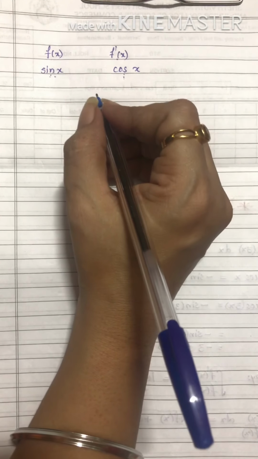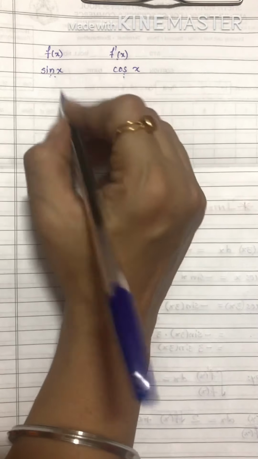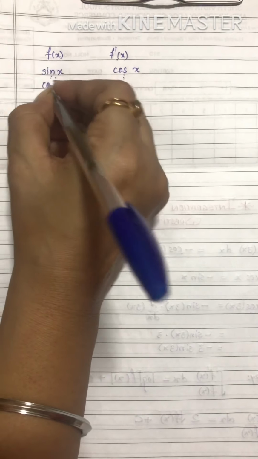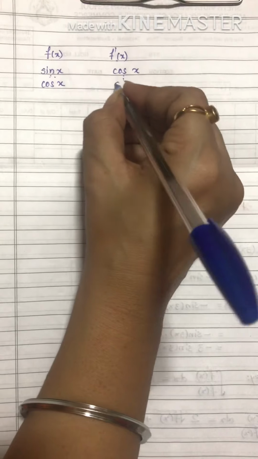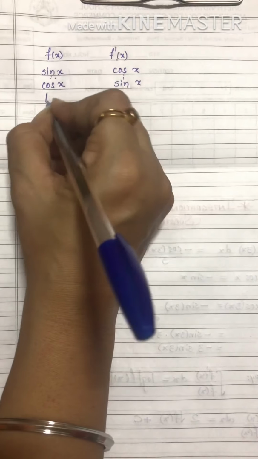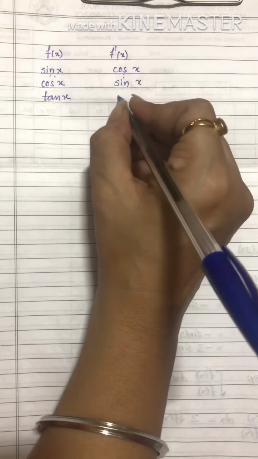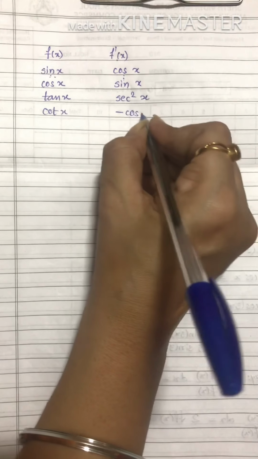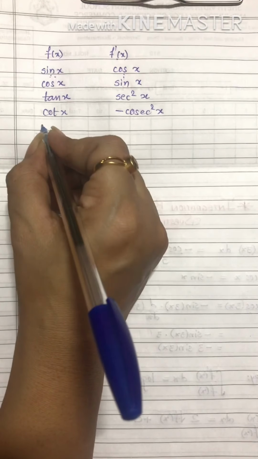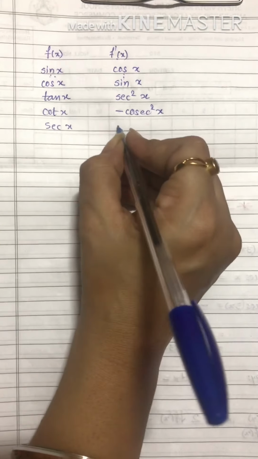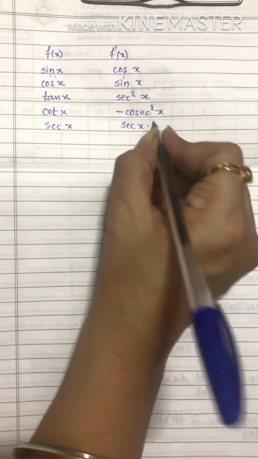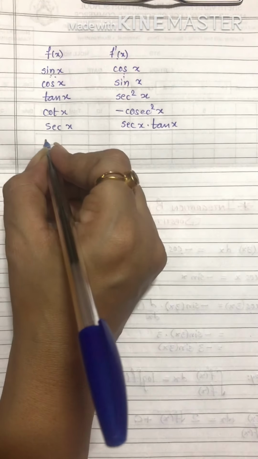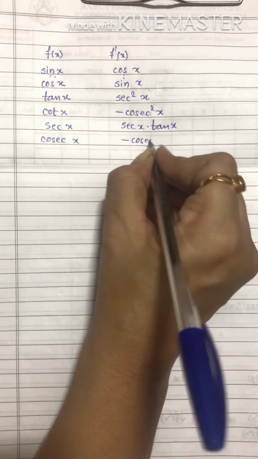Let's see what I want to explain here, and you will understand. d by dx of cos x is minus sin x, d by dx of tan x is sec square x, d by dx of cot x is minus cosec square x, then d by dx of sec x is sec x into tan x, and d by dx of cosec x is minus cosec x cot x.